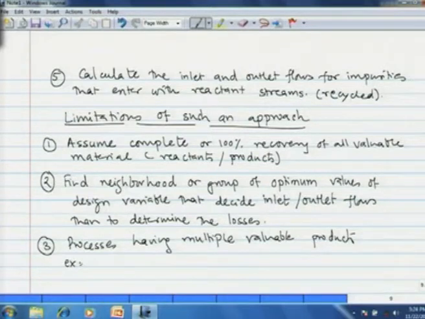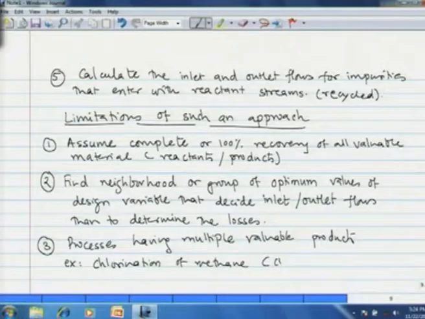Example is like chlorination of methane, where successive substitution of hydrogen atoms in methane by chlorine molecule gives rise to 4 products. Okay. Methyl chloride, then methylene chloride, chloroform and carbon tetrachloride. All of these 4 products are valuable.